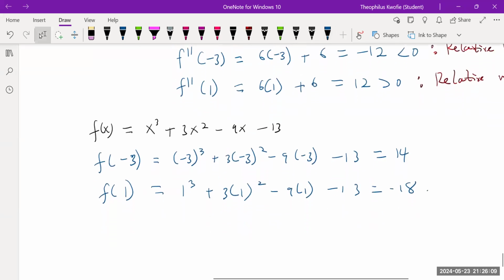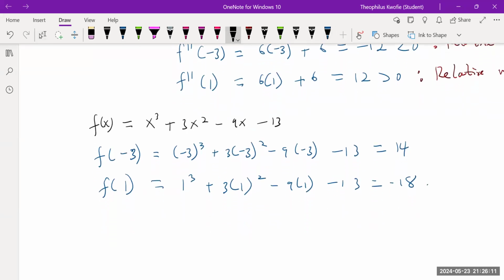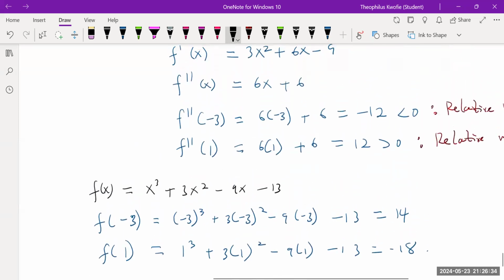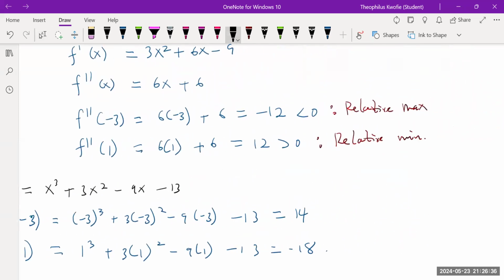All right, so now this means that at -3, its corresponding value was 14. So -3, 14 is a what? What can we say? It's a relative maximum or minimum. Remember over here, at -3, we had a relative maximum.